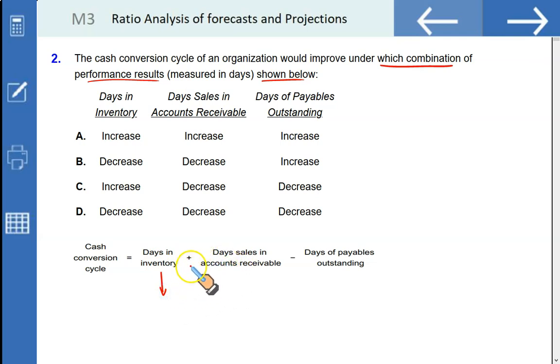You should hold your inventory as little as possible, collect your money from your customers as quickly as possible, and delay payment to your suppliers as long as possible. So a reduction in days in inventory, a reduction in days sales in receivables, and an increase in the days of payable outstanding will lower your cash conversion cycle. If you match, this is the perfect match, B.